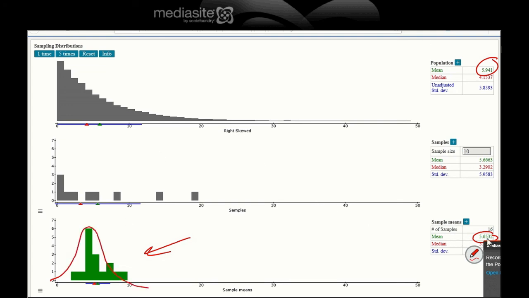The mean is a little low, but as you do this more and more times, it will eventually approach the true mean.